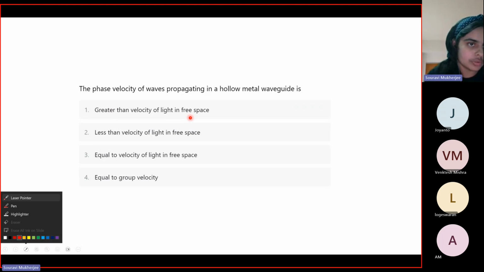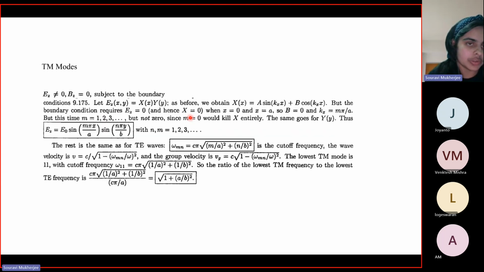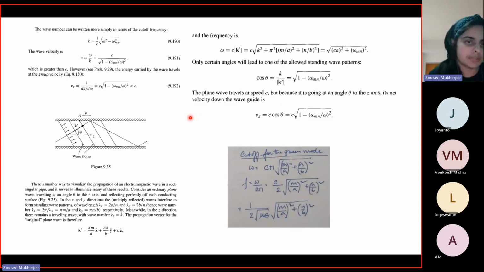Now that you know how velocity goes, you can try to write an expression for the wavelength. Again you will have a similar expression: lambda free space by root over 1 minus omega cutoff by omega free space squared.